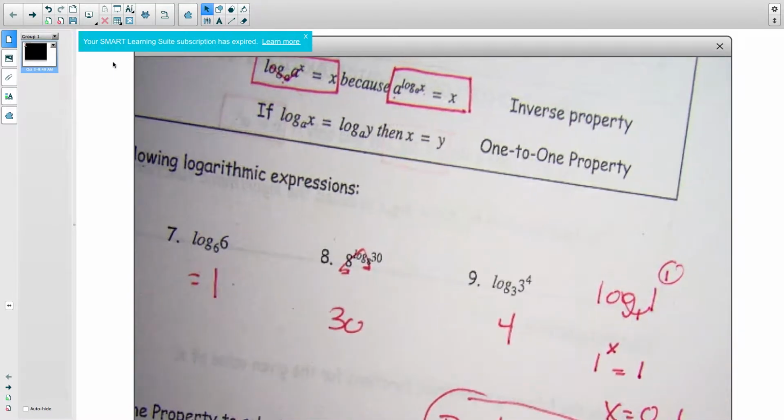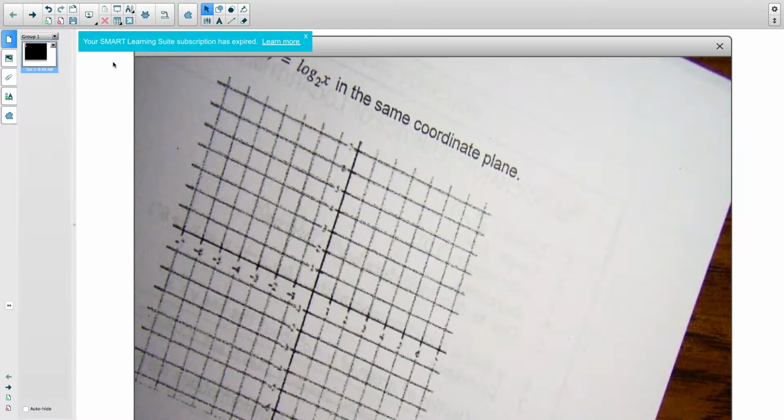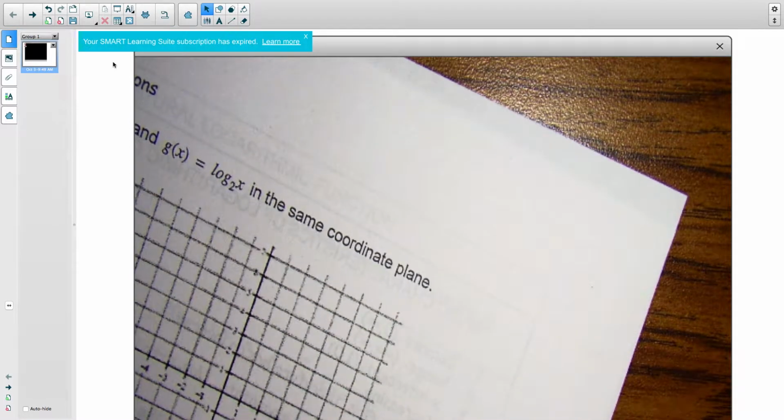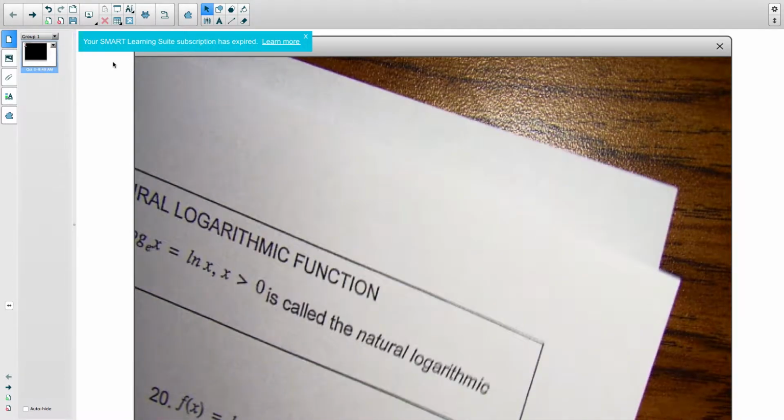I think where the students struggle is applying some of the rules and graphing them. Oh yeah, we'll get into some of the other rules here. So, all right.